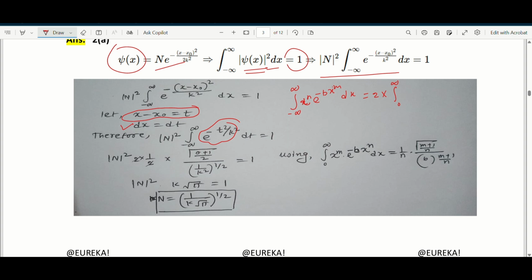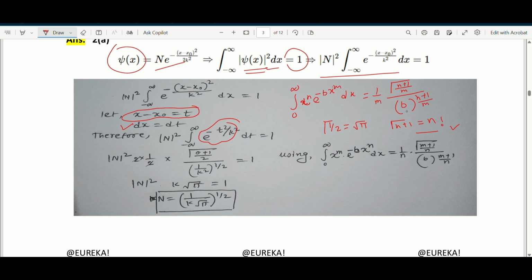It is better to write 0 to infinity. Sorry for that. It will be 1 by m, then gamma of (n plus 1) by m, divided by b to the power (n plus 1) by m. Now we know gamma half equals root pi, and gamma n plus 1 equals n factorial.